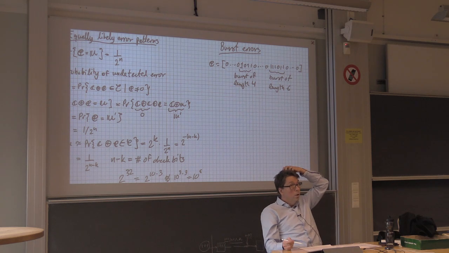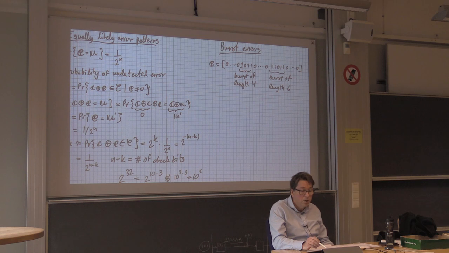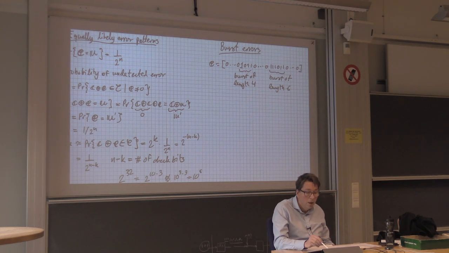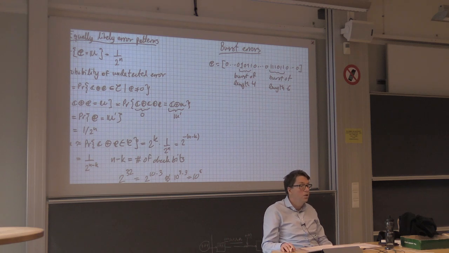Yes? How do you separate bursts? Very good question. So why do we have 2 bursts here and not 1? And the answer to this is that there is no clear definition of this. So my next bullet is to say that for these bursts, there are no good models.